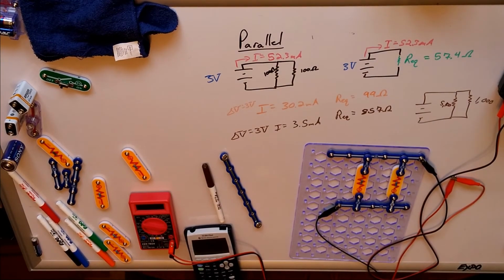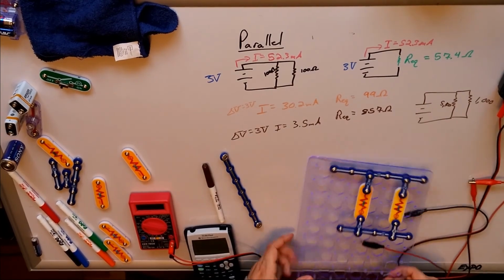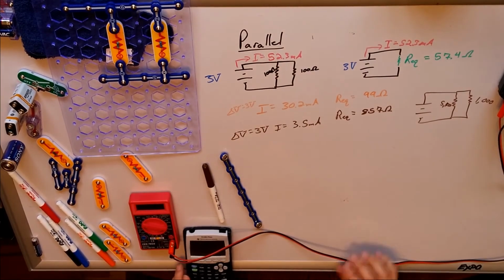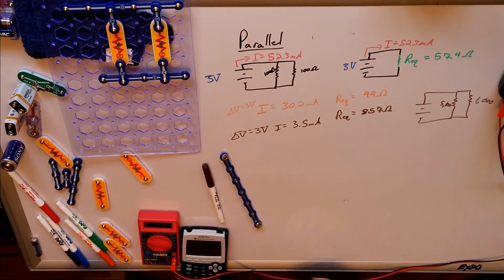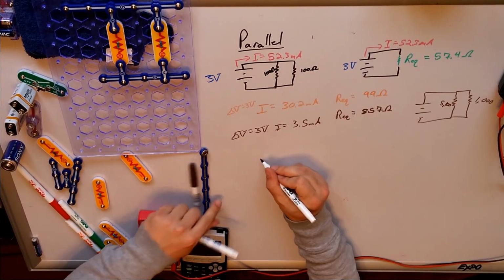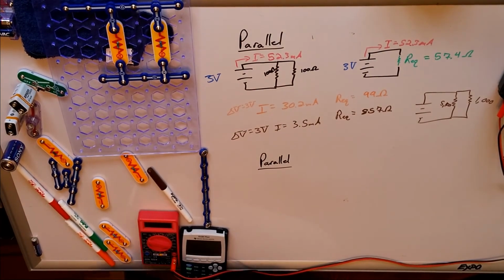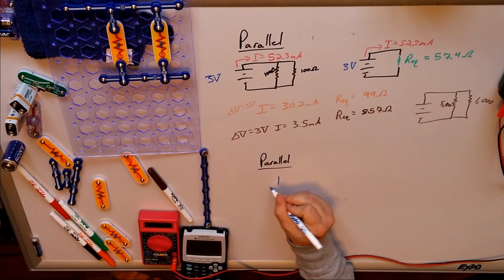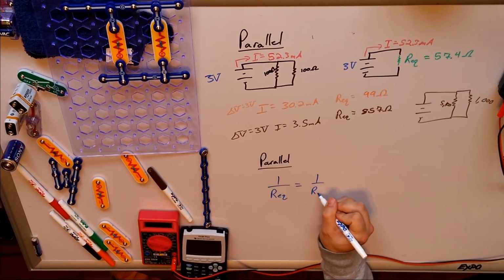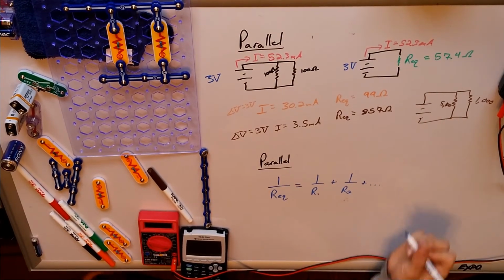Okay, this one's a lot harder to actually figure out. So this is one where instead of us trying to figure it out just by looking at the numbers, I'm going to go through and give you the end result, and then we're going to double check it. All right, here we go. So, the equivalent resistance for parallel, and this one's going to look a little bit different, 1 over Req equals 1 over R1 plus 1 over R2 plus and so on.